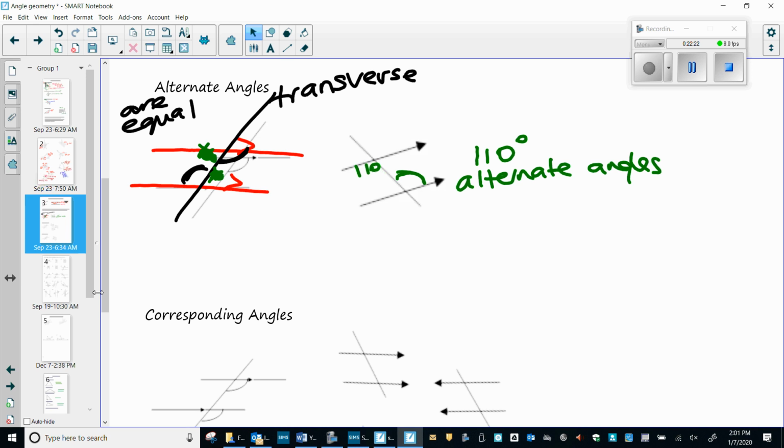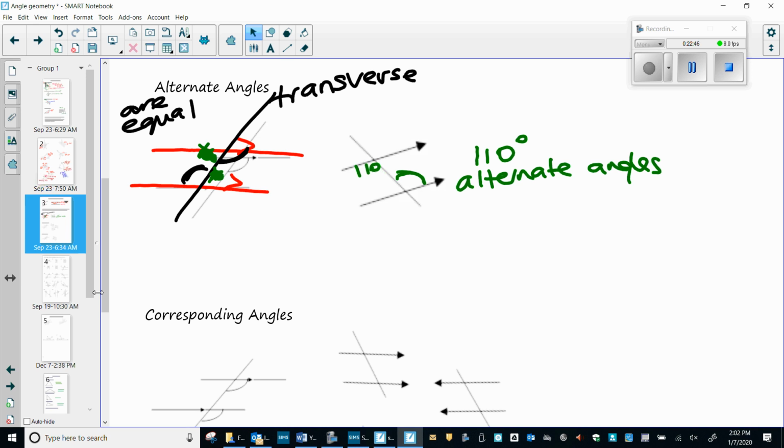Well, I apologise. There are other angles in this diagram that are equal to those. But the alternate angles are the green ones or the black ones, because they're on alternate sides of the transverse line. And alternate means kind of like opposite.